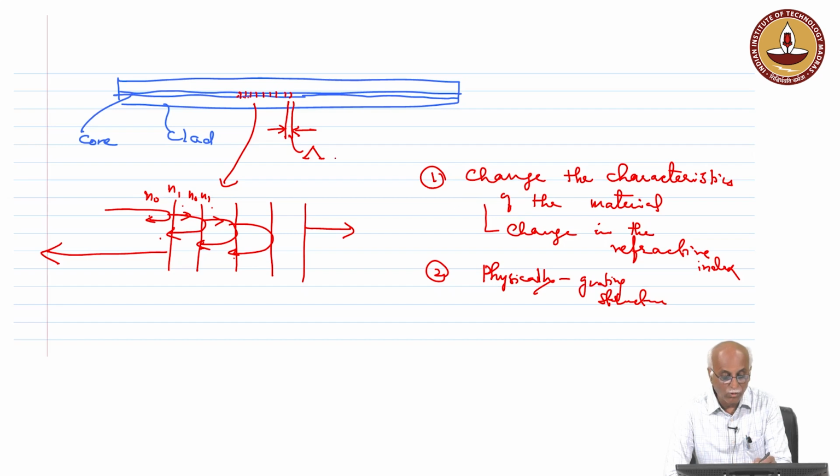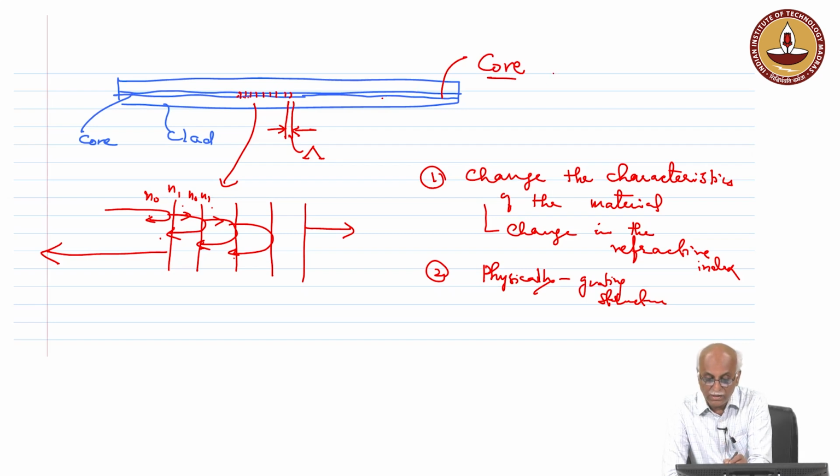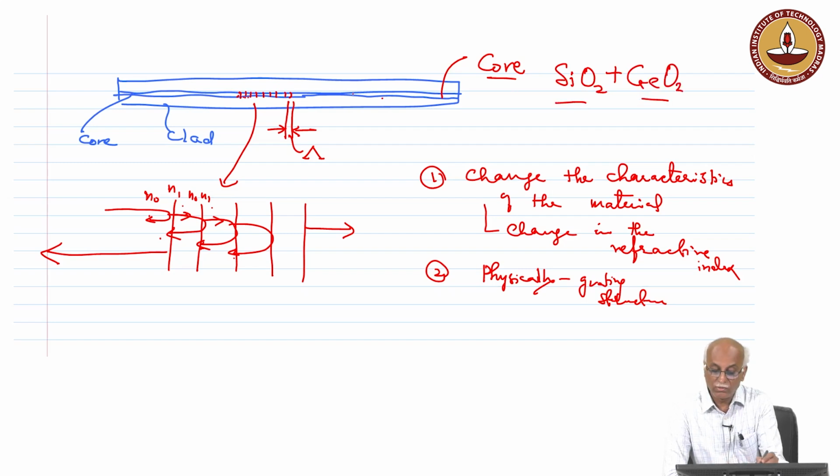I will show you what it means. First of all, the core of this optical fiber generally is SiO2 plus germanium oxide. These are the core materials, and that gives us a refractive index n core, which is slightly different from n clad, which is, let us say, SiO2.